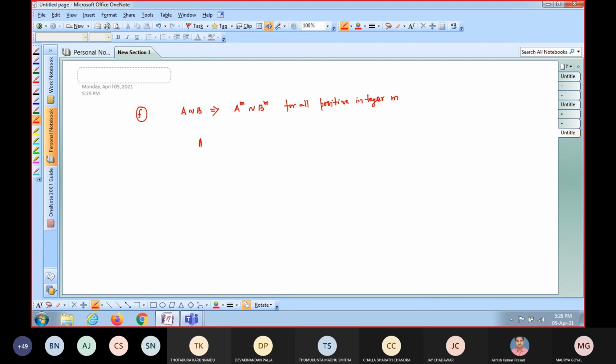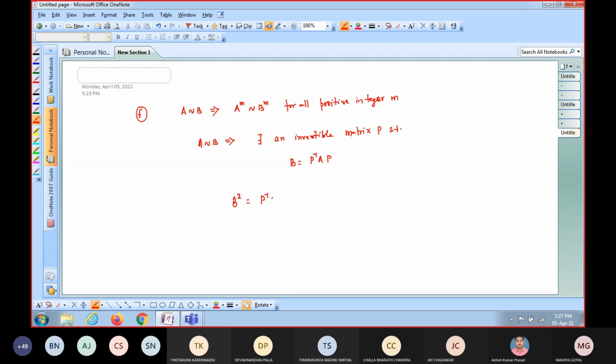See, if A is similar to B, then there exists an invertible matrix P such that B is equal to P inverse AP. Now, what is B square?